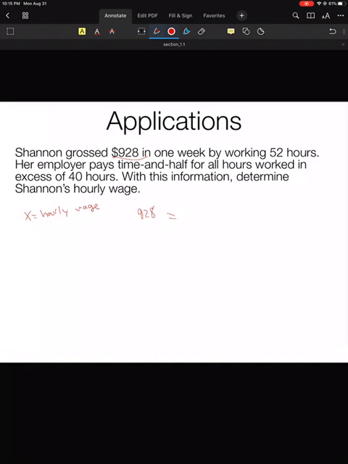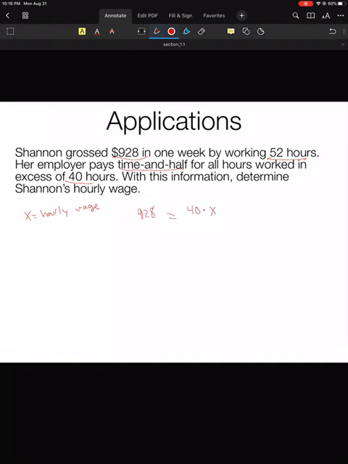So I know that she worked 52 hours. And the interesting part is that she gets paid time and a half for all hours worked over 40 hours. So we know for the first 40 hours, she got paid 40 times whatever her hourly rate was, which is what we're trying to find.